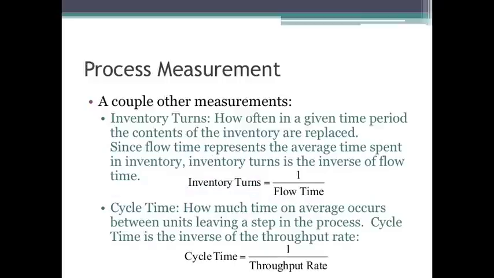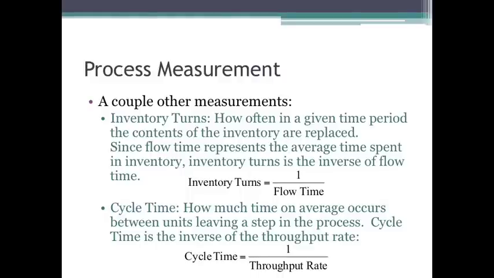Now, there are a couple of other measurements that we do encounter on occasion, depending on the situation. For instance, we have this idea of inventory turns. You'll oftentimes see this in accounting. Inventory turns is how often in a given time period that the entire contents of the inventory of a certain location are completely replaced.